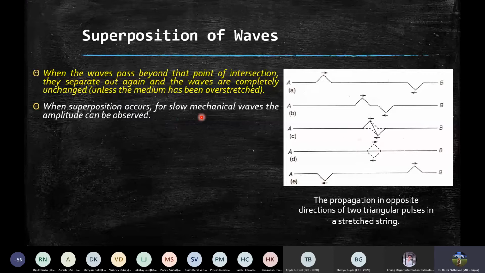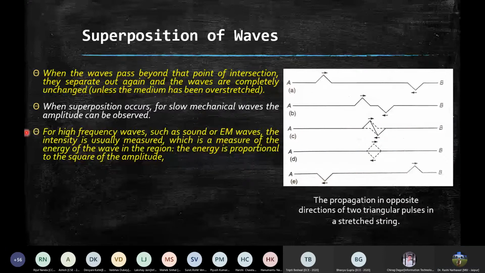But when you talk about light waves, the speed is very fast, so it is very difficult to observe their amplitude. For high frequency waves such as sound waves or EM waves, the intensity is usually measured. You don't measure the amplitude directly; you measure the intensity, which is a measure of the energy of the wave.